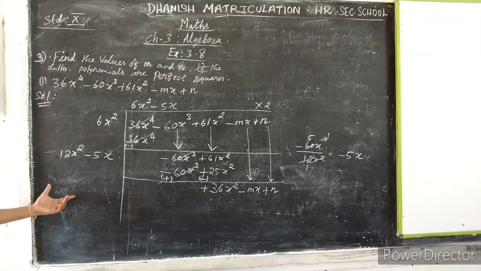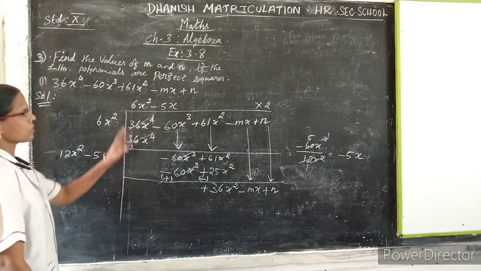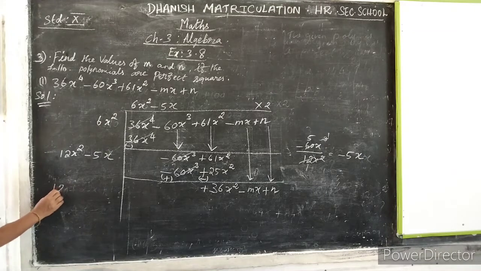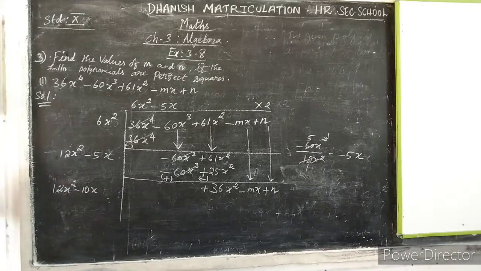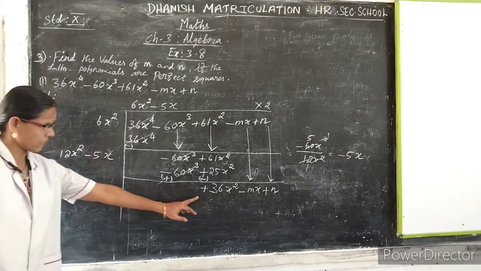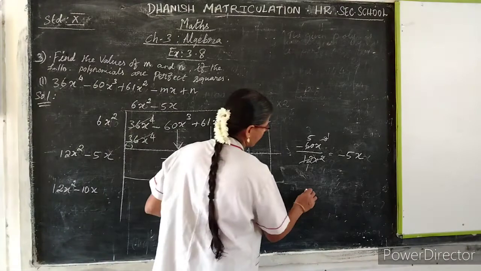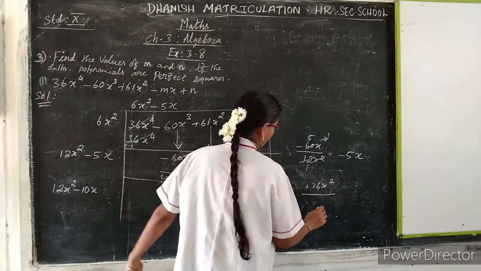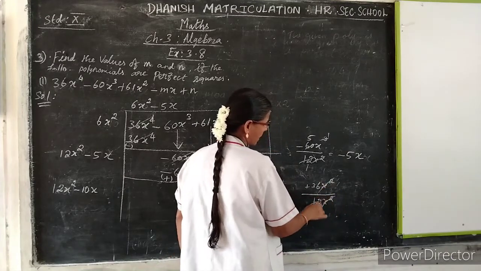Find the new divisor. Here in the quotient part there are two terms, so multiply these two terms by 2. 2 6s are 12x square, minus 2 5s are 10x. We want to find the third term of the divisor. For that, divide this first term by this first term: 36x square divided by 12x square. The x square gets cancelled, 3 times.